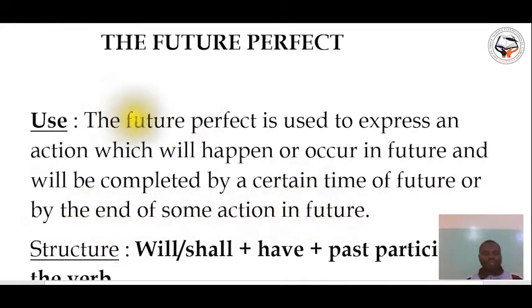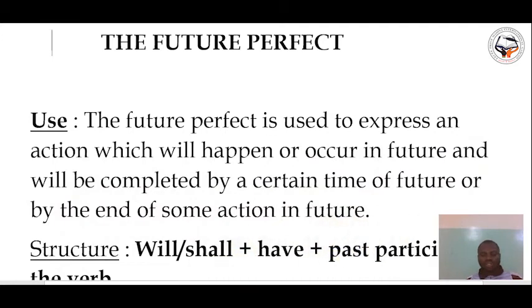I repeat, it is used to express an action which will happen in future and will be completed by a certain time of future or by the end of some action in future.